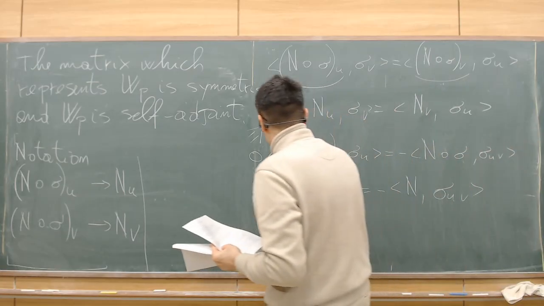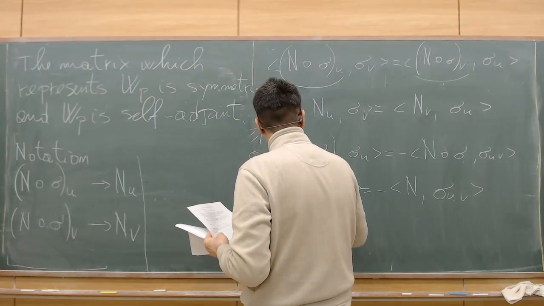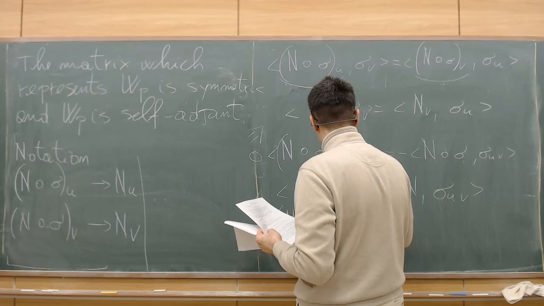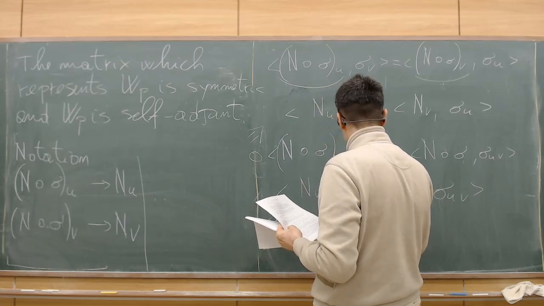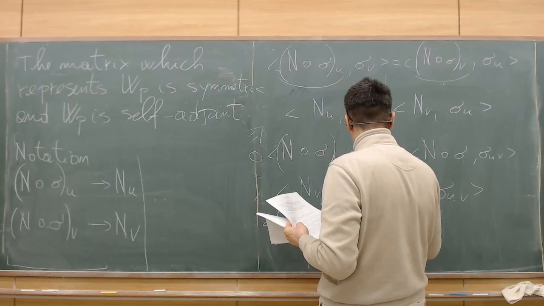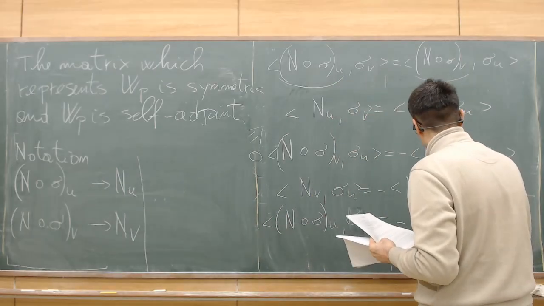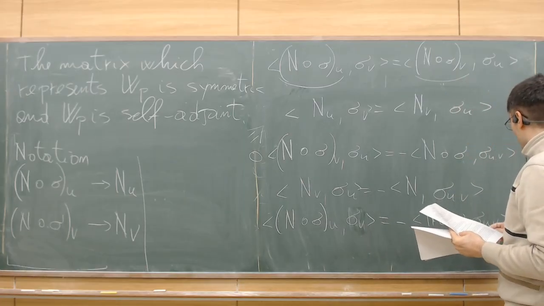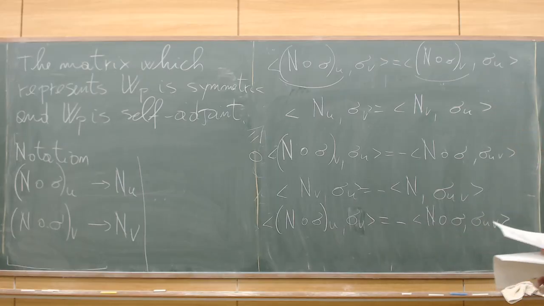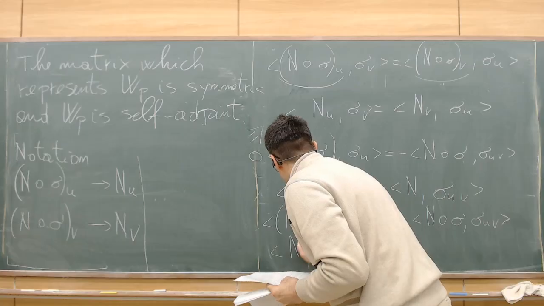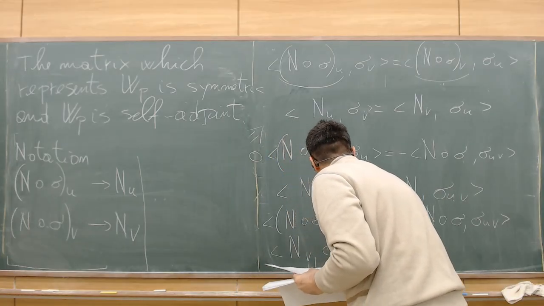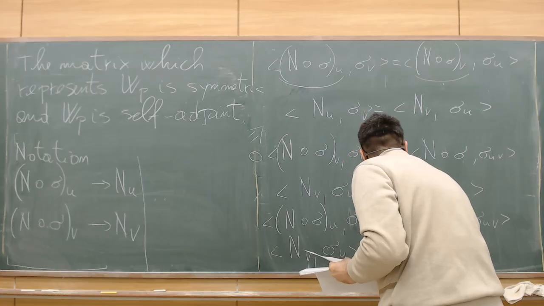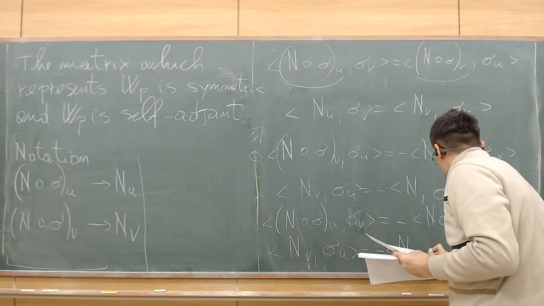And the identity N composed with sigma U multiplied by sigma V equal to minus N composed with sigma UV will be written as NV sigma U equal minus N sigma UV.